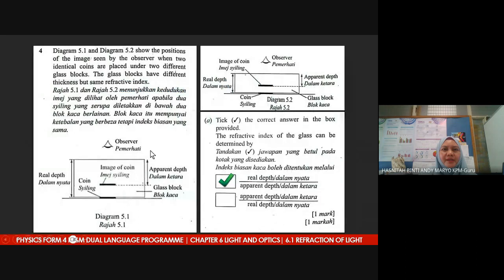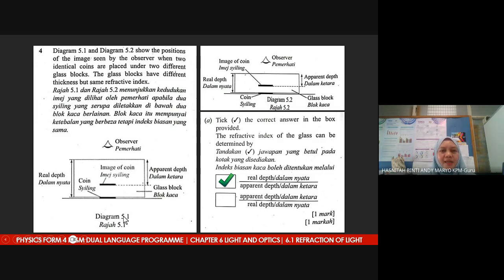Okay, all these questions are taken from SPM past year questions, right? So diagram 5.1, 5.2 shows two positions of the image when two identical coins are placed under two different glass blocks. So this is the keyword: placed under two different glass blocks, which means they have different refractive index. So this is the first glass block and this is the second glass block.